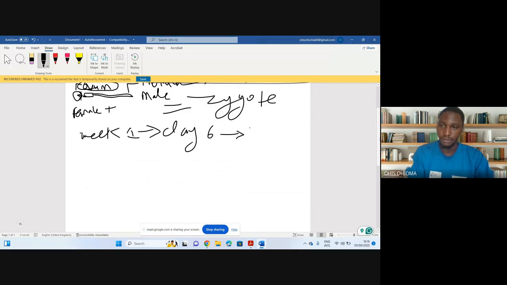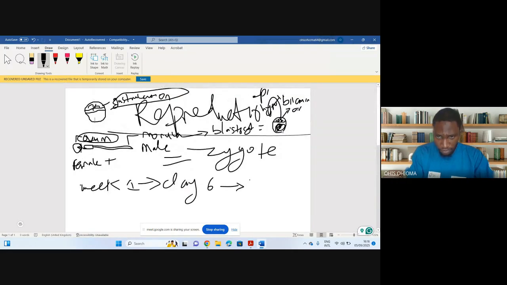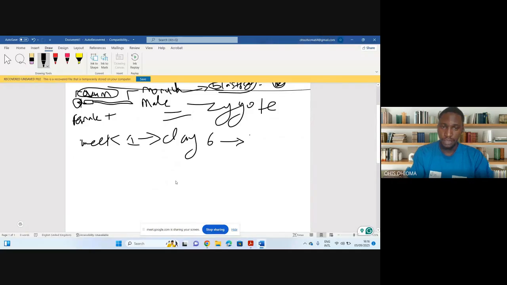Why am I driving at this? Because there are certain cells that are specialized, especially in the blastocyst stage, and some of them are responsible for producing beta HCG, which is the key thing that happens on day 6. So the beta HCG, human chorionic gonadotropin, is produced, but the levels are not so significant at this point. Usually around 1 to 2 weeks after fertilization, you begin to see a significant amount of it in blood.